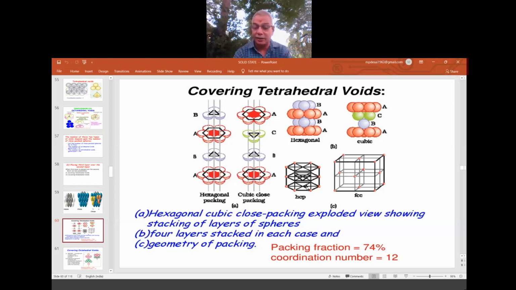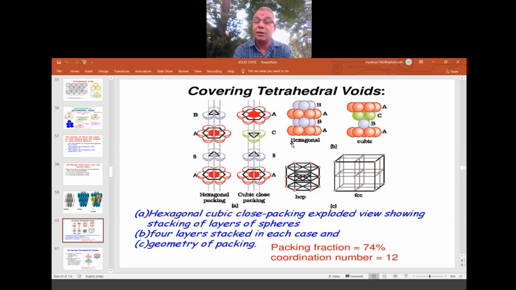That time the coordination number is 12. How is the coordination number 12? You have to visualize that. Here you take one ball. Six above, six below, surrounding all those, you will get 12 only. If possible, I will try to bring another slide. I have taken it directly from the book.